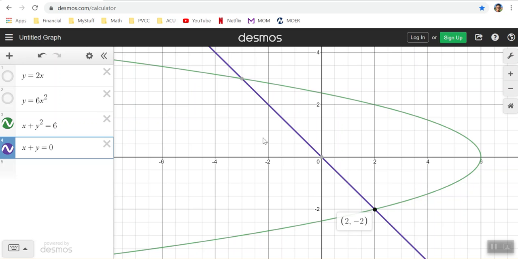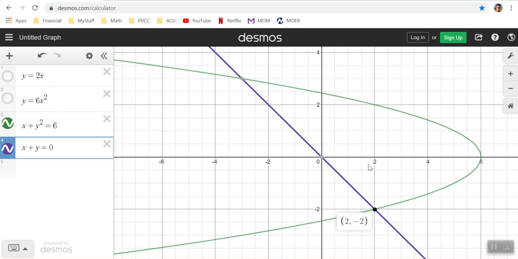But we would have to set this up so that the parabola is on top of the line. And that's going to be problematic when we get over here, because this parabola extends way over here beyond that point of integration. So this is a problem that I call a sideways problem.